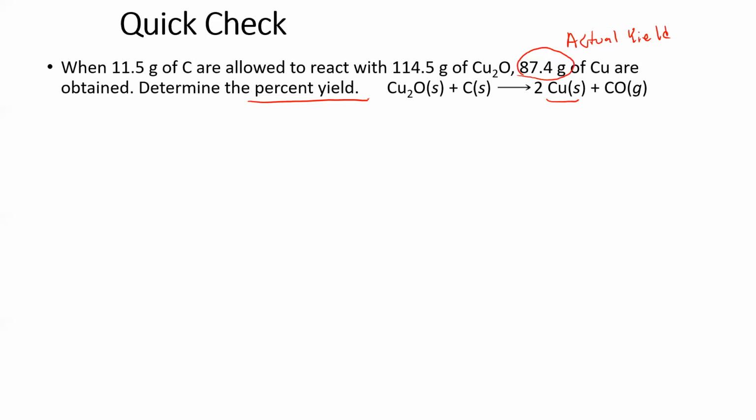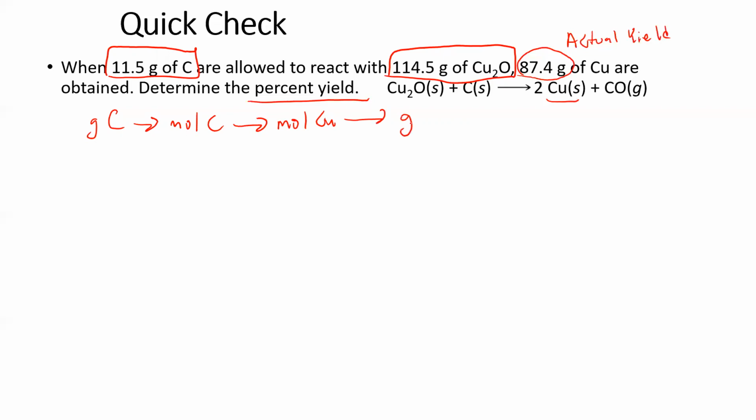I know it's a double stoich because they give me not the quantity of one reactant, but the quantity of two reactants. So what do I do? I'm going to start from my grams of carbon, go to moles of carbon, and then from moles of carbon, go to moles of copper, and then from moles of copper, I can go to grams of copper.